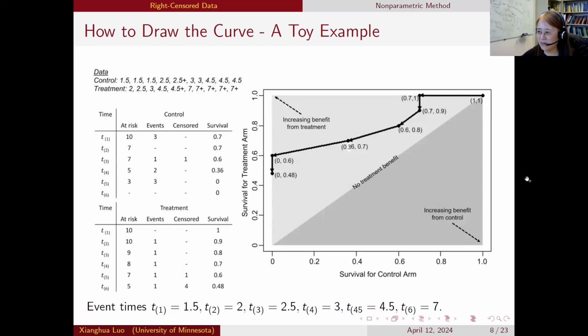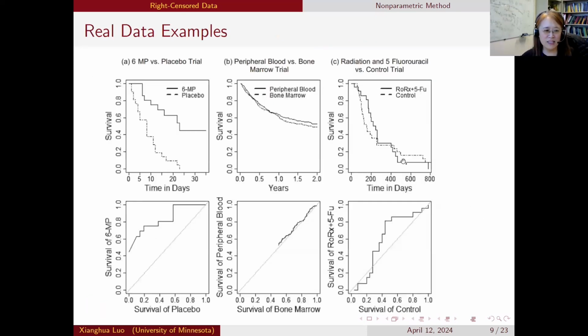Any other questions? Okay, let me move on to the next slide. These are three data sets that we use to illustrate this method. Maybe I should talk about the bone marrow transplant data first because I already mentioned it. Typically, in the main outcome paper of a clinical trial, we present two survival curves for a two-arm trial.